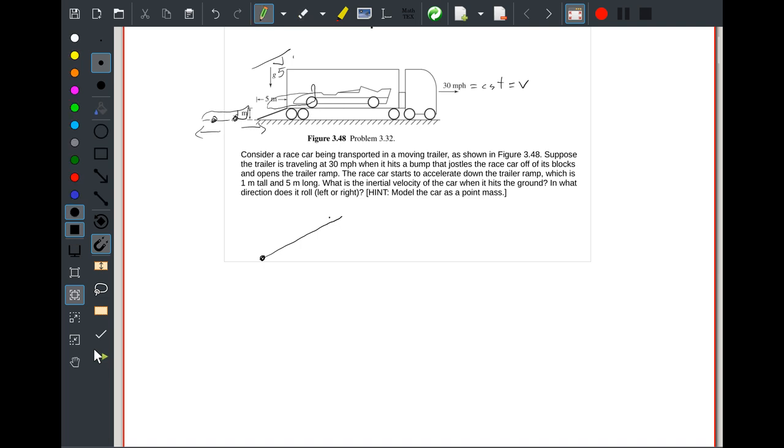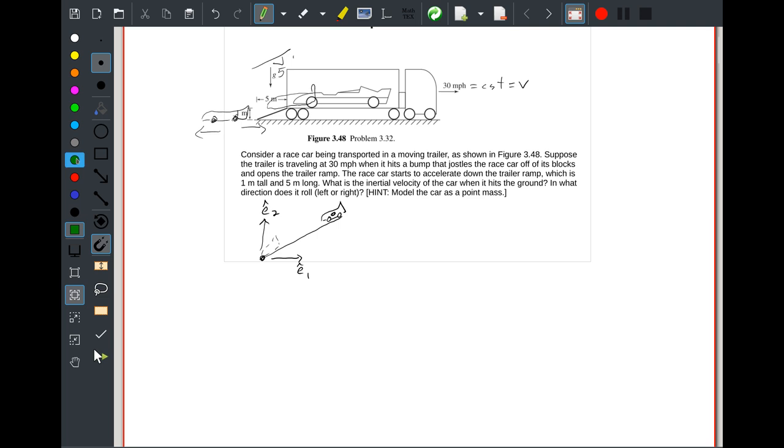So really we just care about, as it's coming down off of this ramp, what's happening by the time it gets down here. So I'll create one coordinate system that's just parallel to the ground, E1 and E2.